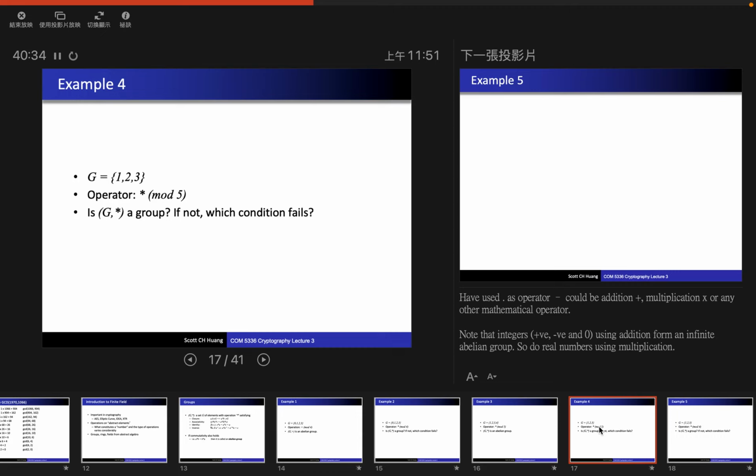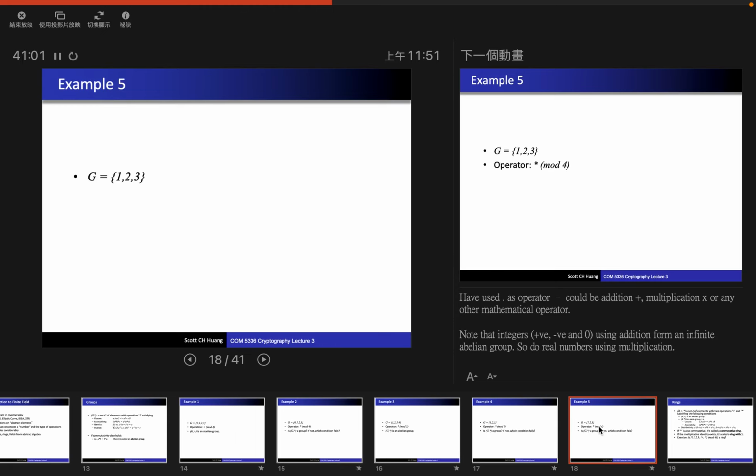Well, this is surprising because inverse holds, but closure fails. So actually, usually when we check these conditions, it's usually either G3 fails or G0. These two assumptions are most problematic. Usually G1 and G2 are fine. So this is not a group. Okay. Another example.